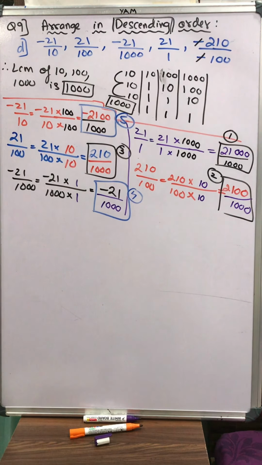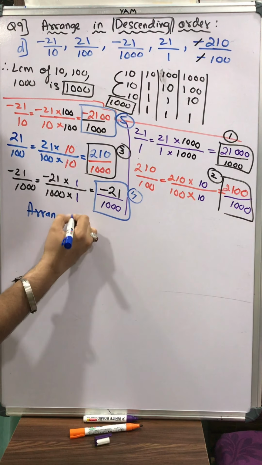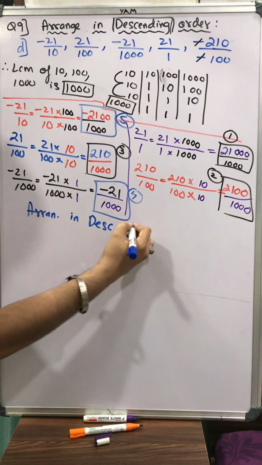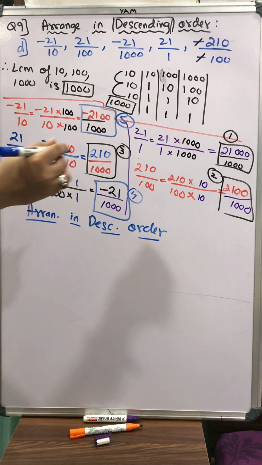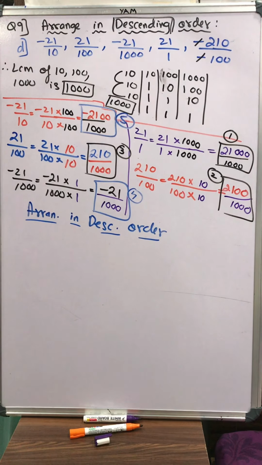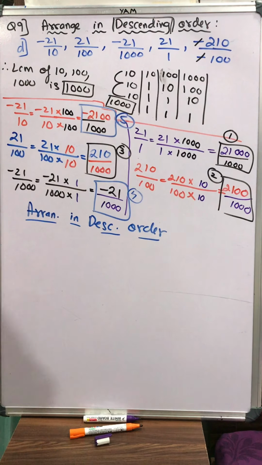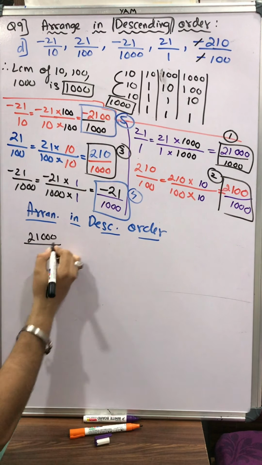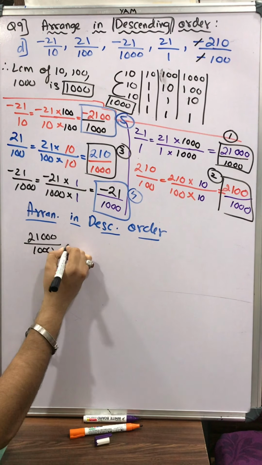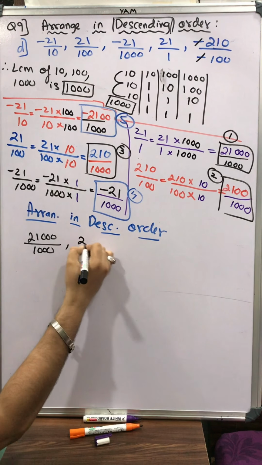So I'll write that line, arranging in descending order. I don't have place, that's why I'm writing in short forms. You have to write full. Arranging in descending order. Okay, so let's start. I'll see the numbering. At first is 21,000, so I'll say 21,000 upon 1000, comma. Next will be 2,100 upon 1,000.